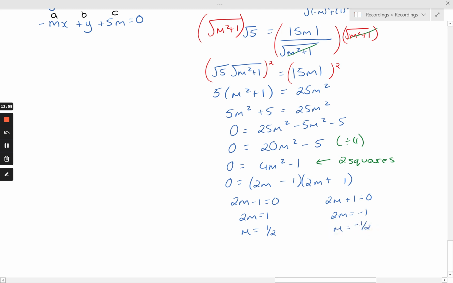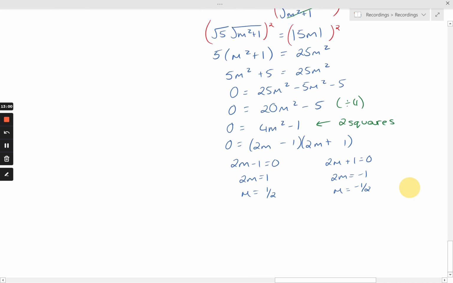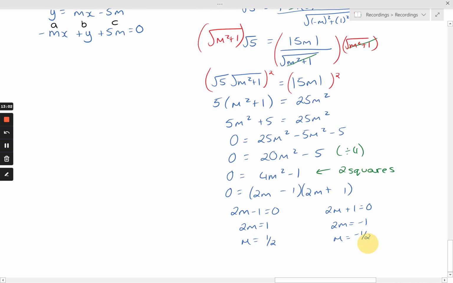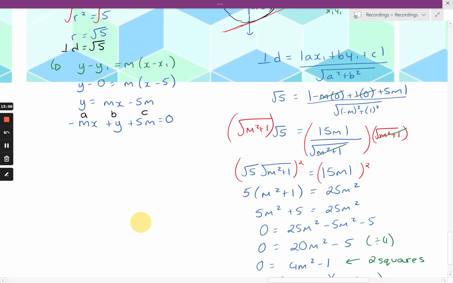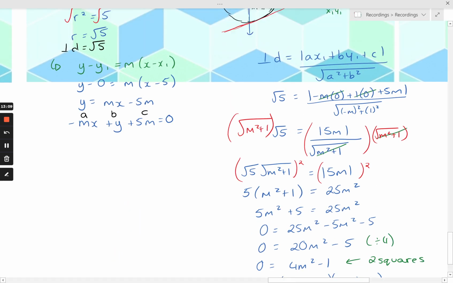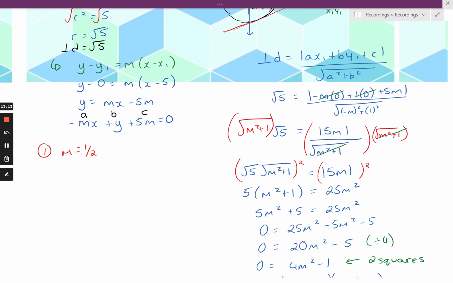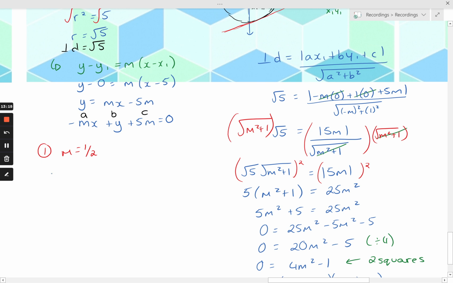So now I'm going to end up with two equations, where m is equal to a half and m is equal to minus a half. I'm going to sub that back into my general equation for the tangent. The first time I'm going to let m equal plus a half, which means I'd have minus a half x plus y plus 5 by a half is equal to 0.